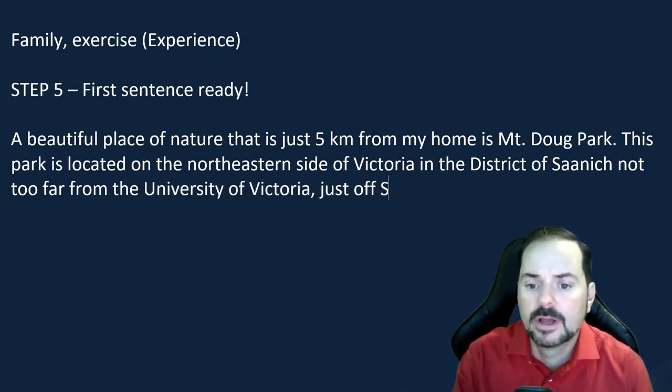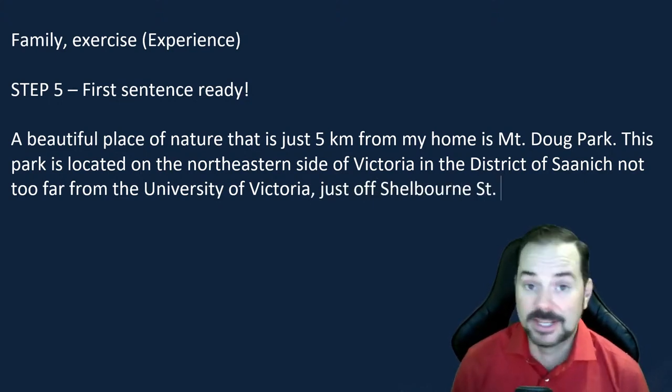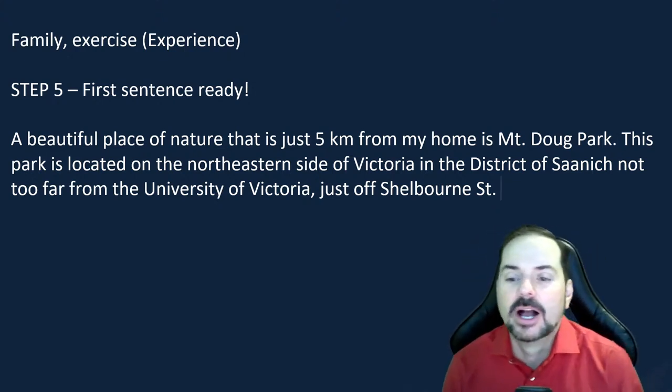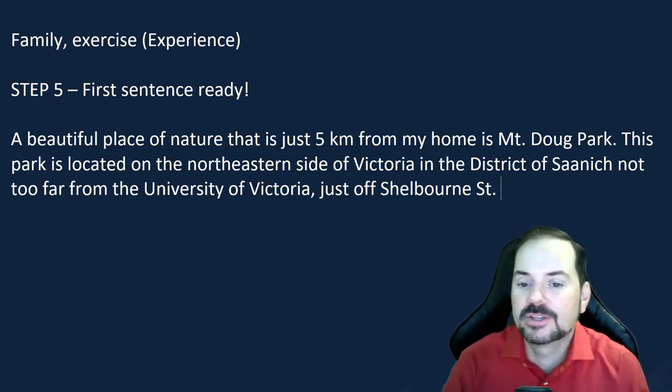Just off Shelburne Street. Okay, and it's actually there. You guys can Google it and you'll find it. Okay. So not too far from the University of Victoria, just off of Shelburne Street.